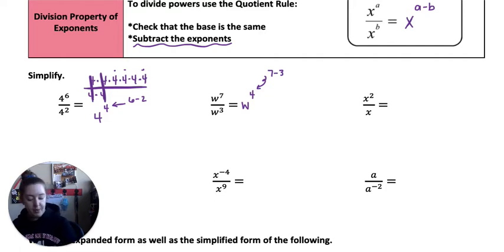In that next one, we're taking x squared, so x times x divided by x. Those x's will divide away, so we're just left with plain old x. Or we can remember that if there's no exponent on him, that's a 1. So remember, technically, there's a 1 right there. If we take 2 minus 1, we get 1.